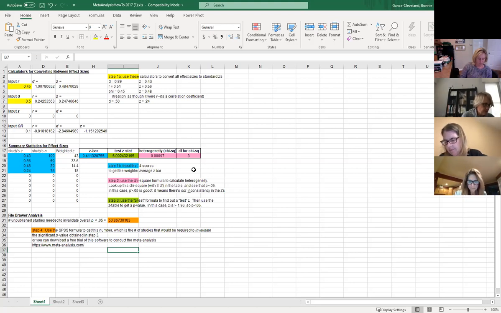If your alpha is at 0.05, which is what we usually set it at, you just go down and your critical chi-square is 7.82. And your 0.00097 is clearly less than that. Yeah, it's way to the left of that.